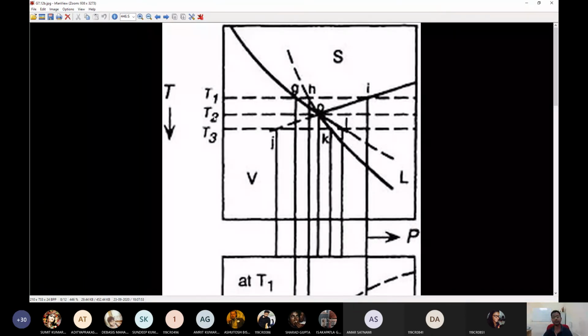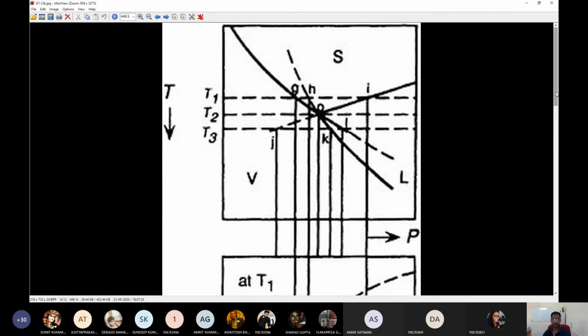So at T2, which is the triple point temperature, from lower pressure to pressure PO, the primary phase field is the vapor phase, and from pressure PO and beyond, the primary phase field is the liquid phase. All right, and it's only at PO and T2 where the solid vapor phase and solid liquid phase and the liquid vapor phase, all those two-phase equilibriums come at this point and become a three-phase equilibrium point. This is a point where all the free energies of these three phases shall meet, okay, with the positive slope.